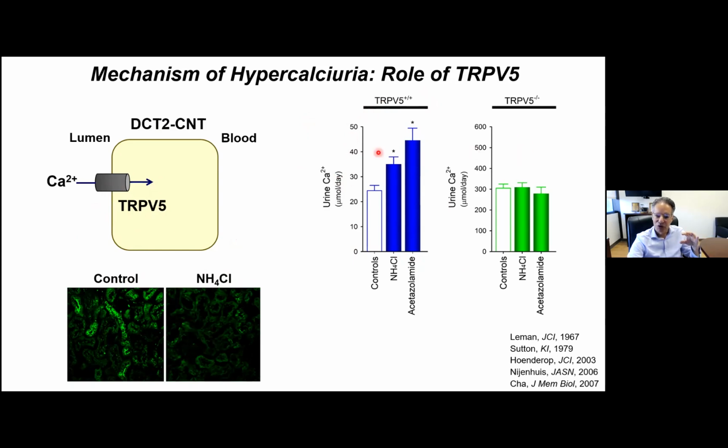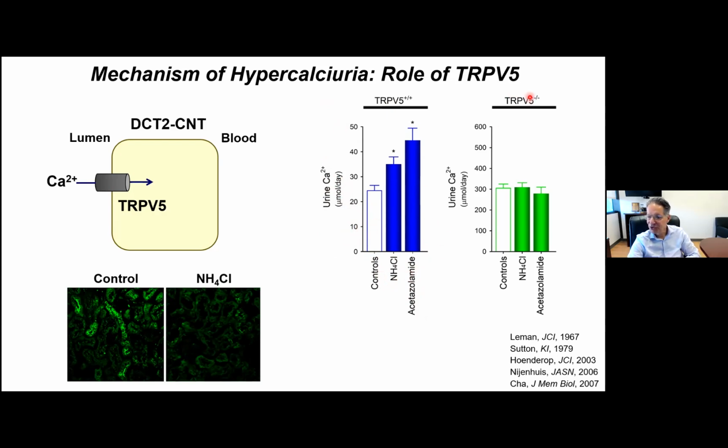We'll go through this study first. This is a wild type animal, looking at the amount of calcium in the urine in controls, and then after acidifying the blood, either by giving ammonium chloride or giving Diamox. What you see is that in normal animals, you get this increase in excretion in the urine.